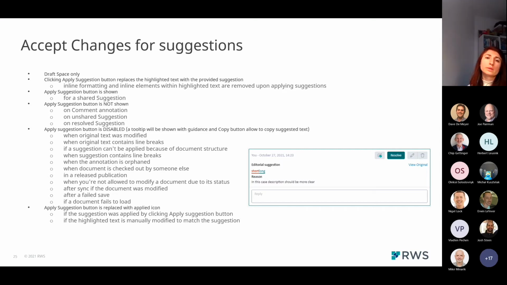So what is important to know about that? It's available for the draft space only, since it's about how to create the content and add comments to create the content. And despite the function options that we provide for replacing comments in a very easy way, it is still possible to disable it.